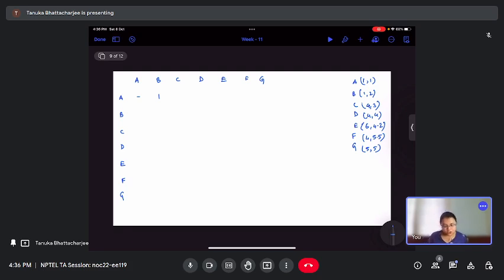Okay. So, we are computing the distance between A and C. So, the distance will be 3.6. If I make any mistake in computing these distances, please tell me.